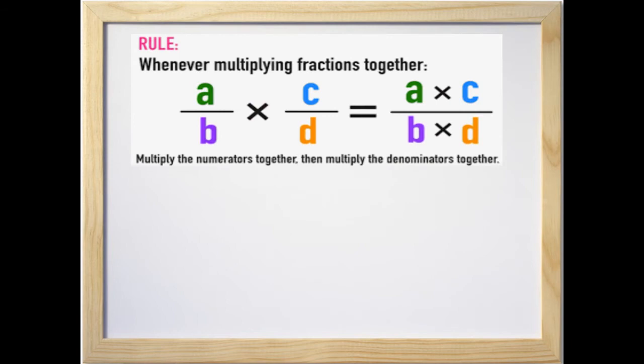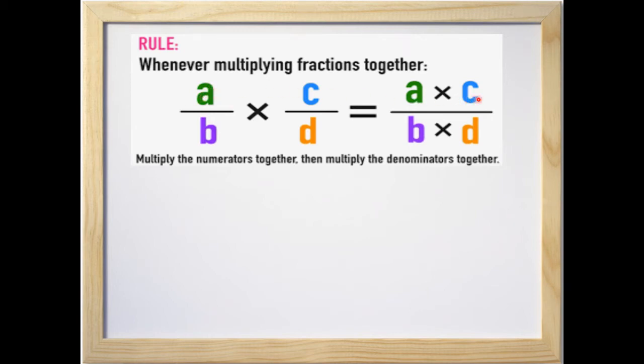Children, now we'll learn the rule how to multiply a fraction by a fraction. So we have two fractions, that is a by b and c by d. So how to multiply these two fractions? Children, we simply have to multiply the numerators and simply multiply the denominators. So what is the product of numerators?